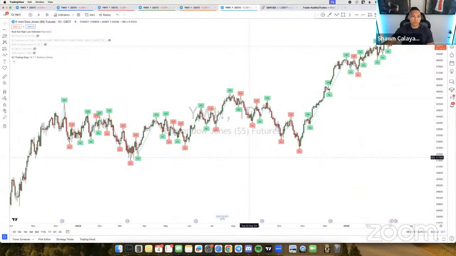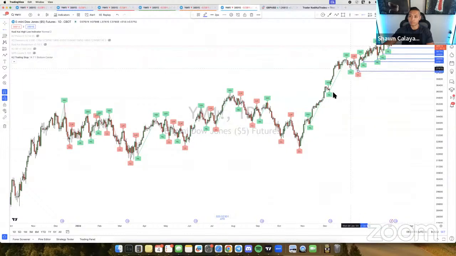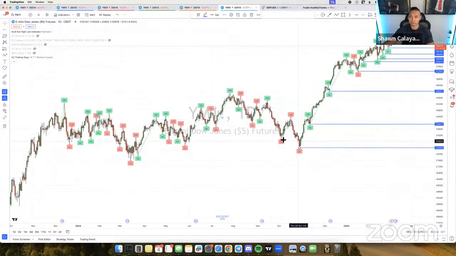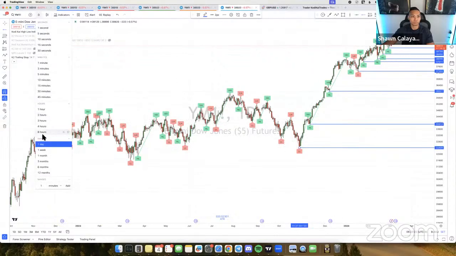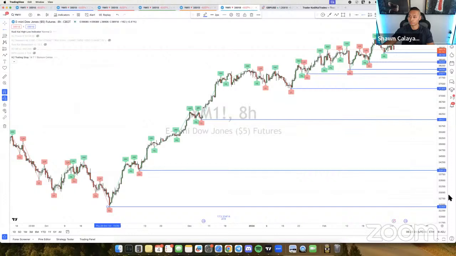All right, as people join in, I'm going to go ahead and start marking market liquidity over here. Not too much volatility this morning. Going down to the 8 hour.